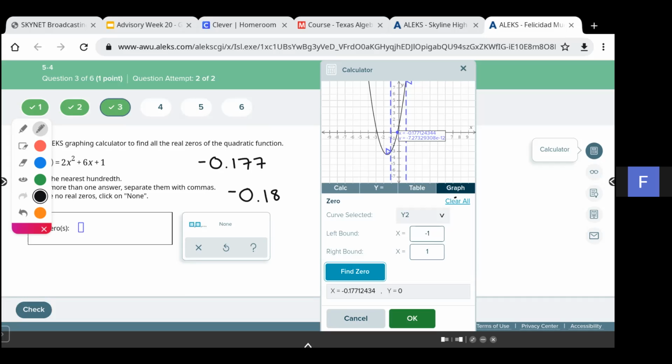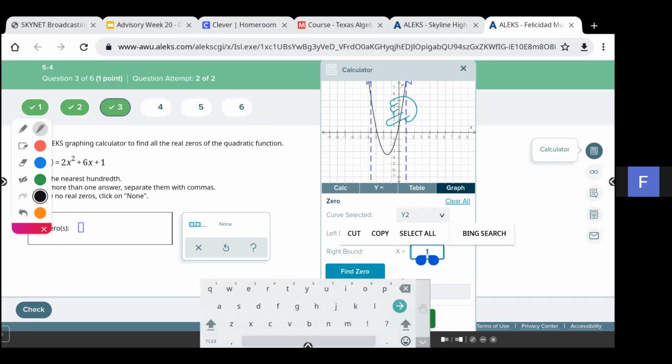And I'm going to do another one. This time I'm going to hit and move it. And I want my right bound to be, we're just going to put -1, maybe, if it will let me.